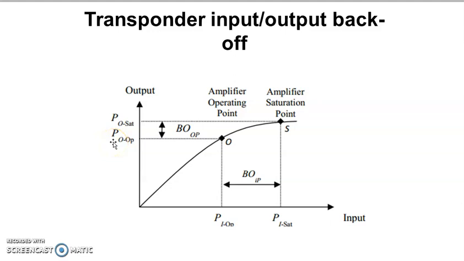Now this curve shows the output power of an amplifier operating at a point and the amplifier saturation point, with the transponder input and output backoff power. We can consider both: what will be the transponder input power, and what will be the transponder output power. In this case we have the maximum power.